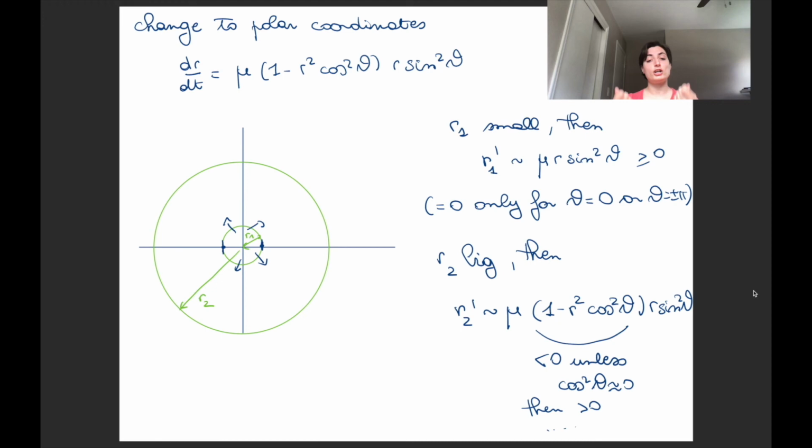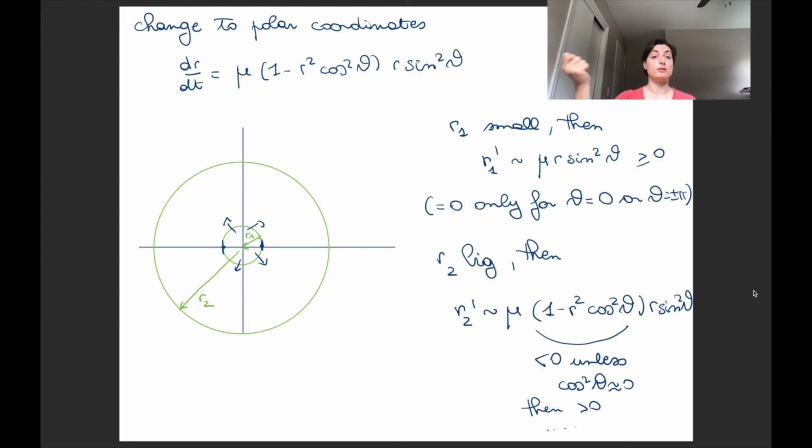So now we're considering R2 being big, so we're really creating this donut, and we're hoping to find the existence of a periodic orbit between R1 and R2. For R2 big, we go back and look at our system, and we have that mu is positive and r sin squared theta is positive. We would like 1 minus r squared cos squared theta to be negative all the time, so we can prove that everything is entering our donut shape. But this is not true.